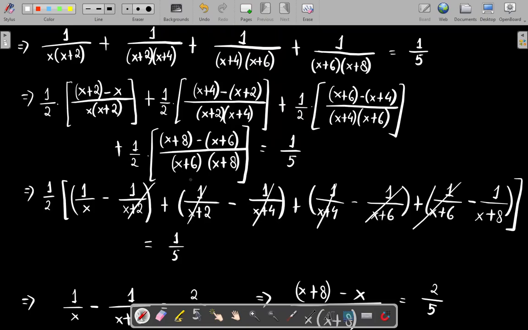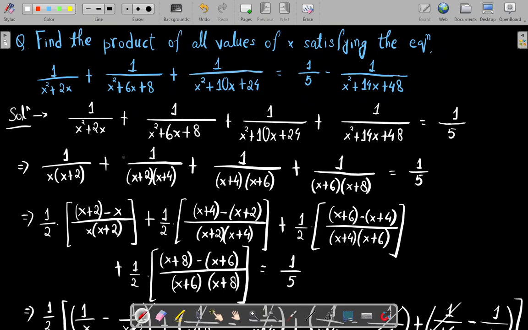Okay, if the differences were say 3 instead of 2, this will get cancelled out. The problem happens if the differences are not equidistant. Okay, so this is slightly tricky in that aspect. You have to check if the differences are equidistant or not. If these are equidistant, we can always resolve it into partial fractions.